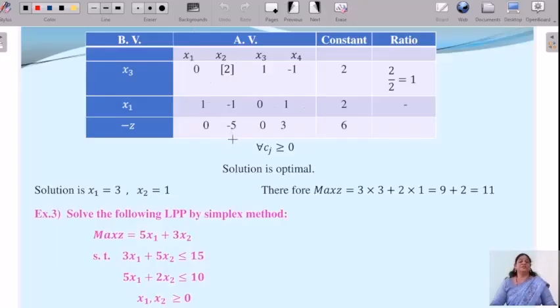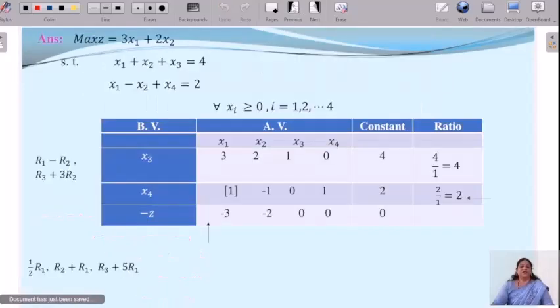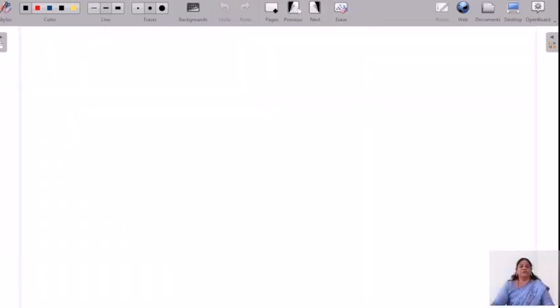Then next minus 5 is the minimum. Again consider the minimum ratio. Negative element is here, therefore we can't take this minimum ratio. Again minimum ratio is 1. This is the pivot element. Make the pivot element a unity and the corresponding column element 0.